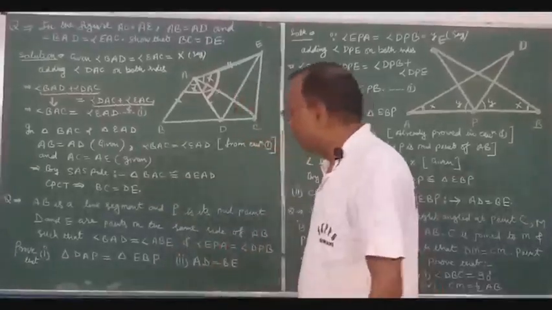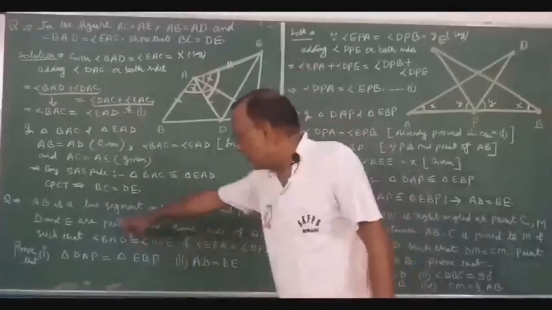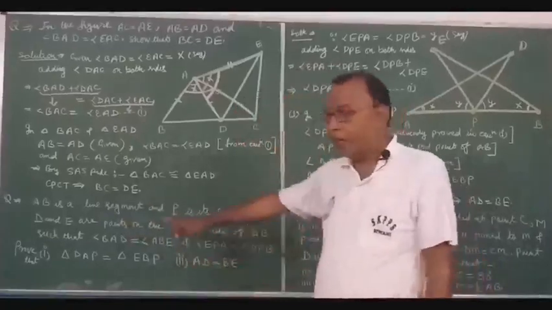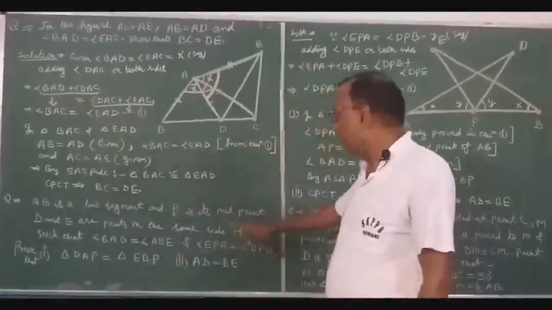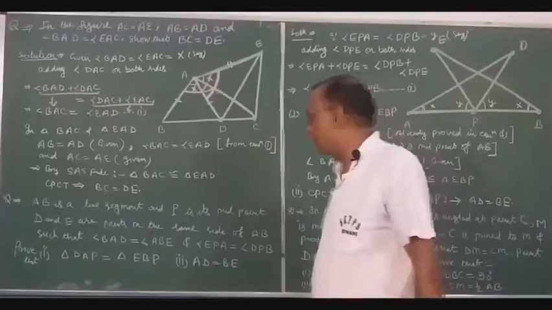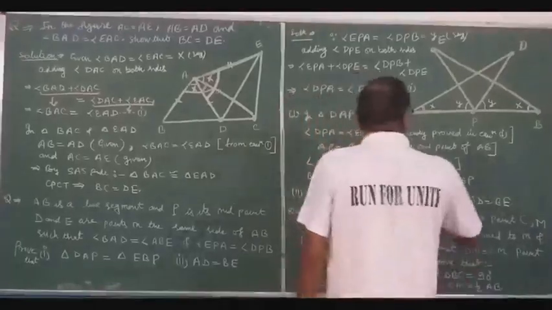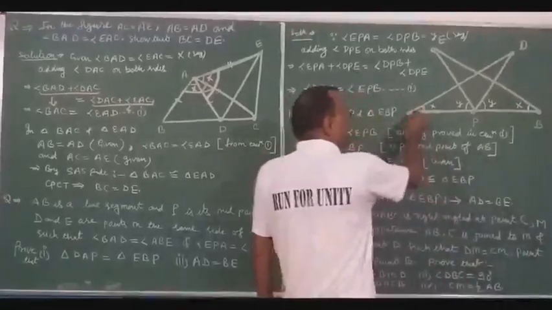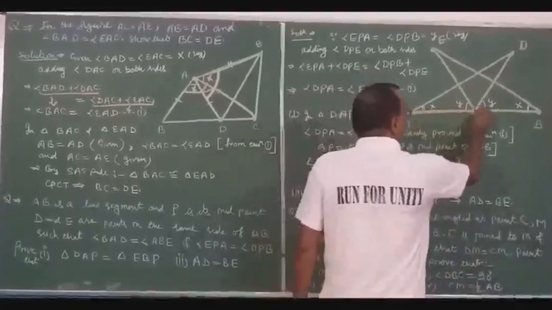Now just look at this question. AB is a line segment and P is its midpoint. This is the line segment AB and P is the midpoint.